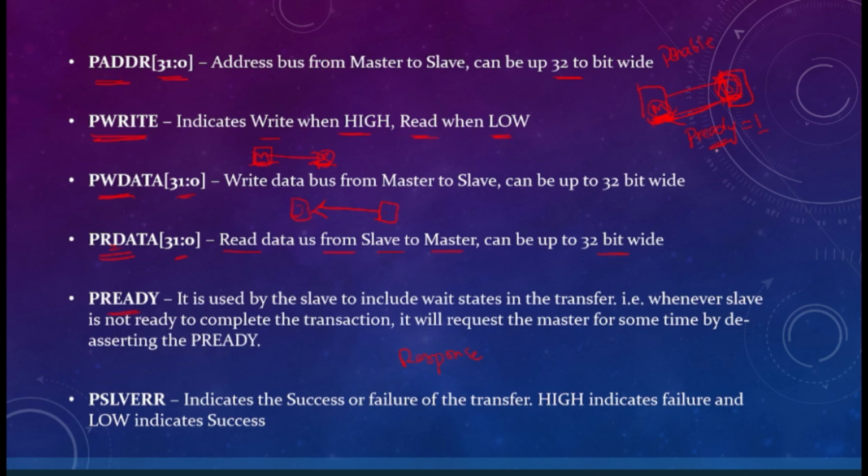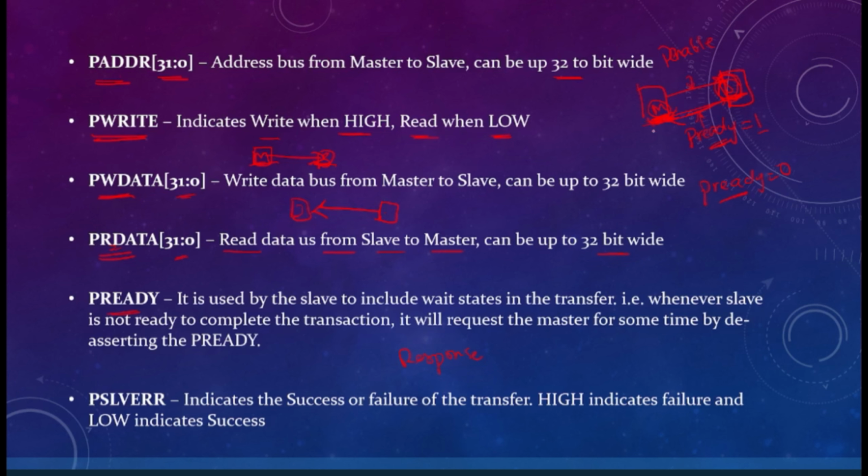Until then, if P ready is 0, that means the slave is not ready to accept another packet of data. It is processing the previous data. So then what happens?